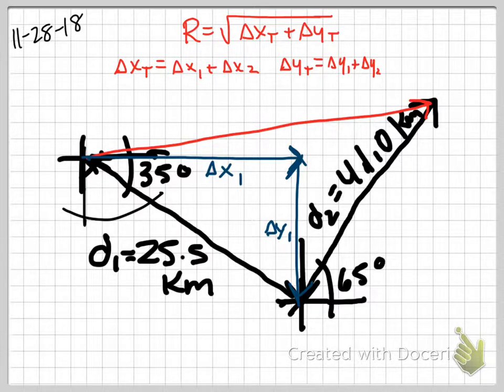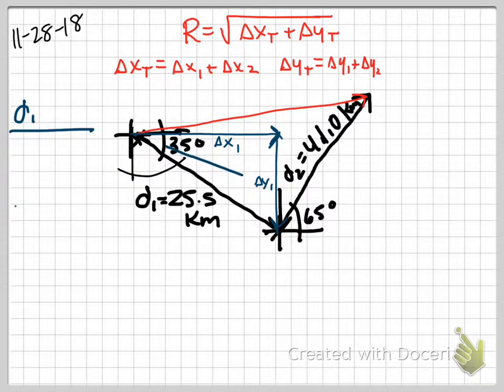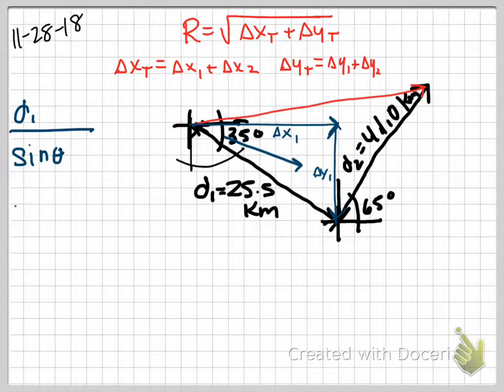Okay, so let's get some math attached to those. I can see that y1 is opposite my angle here. So I know, therefore, that I'm going to use sine, and sine theta will be equal to delta y1 over d1.